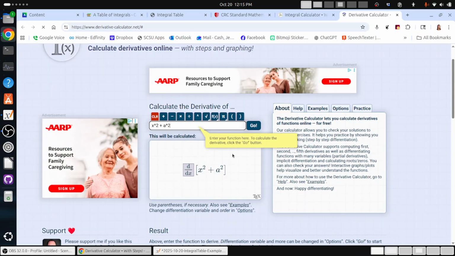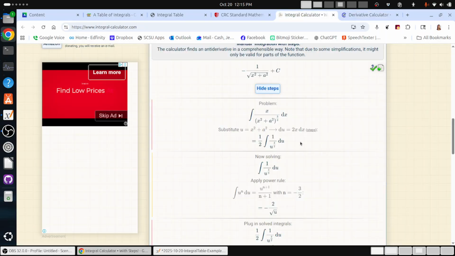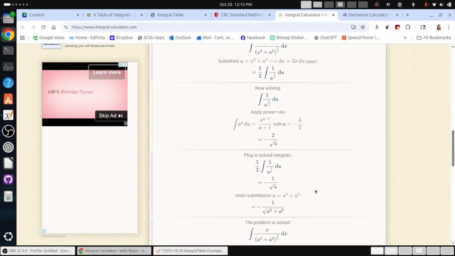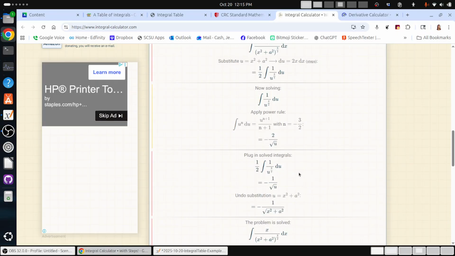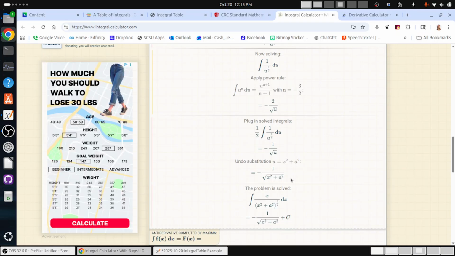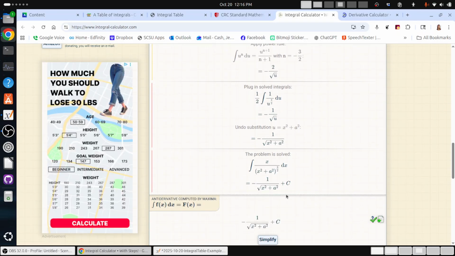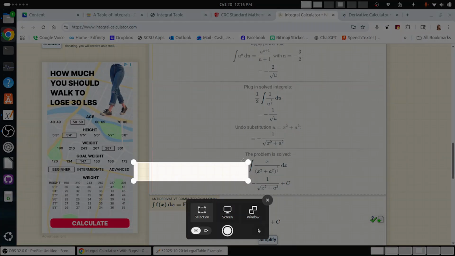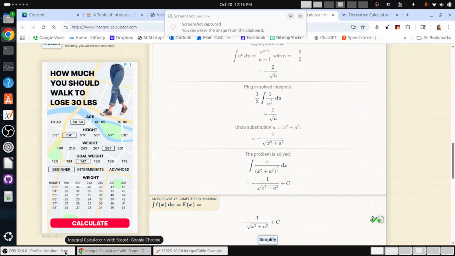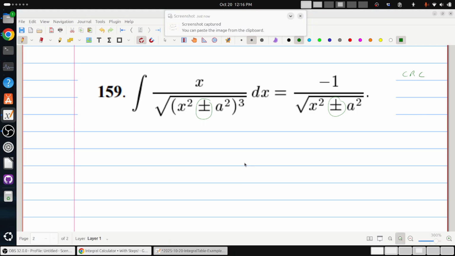I had to use a derivative in that spot. Then I use a power rule, and it's a fractional power, so it plugs that in, and then we substitute back our original expression, which gives us our form here. So this one gives you a little more power in terms of seeing how the solution came about.